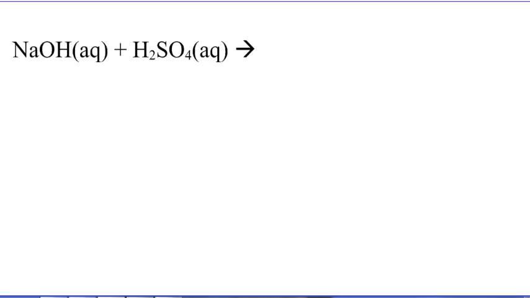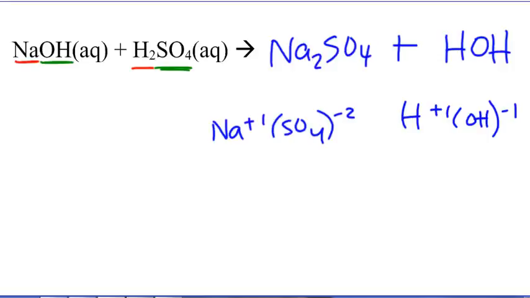What do you think will switch in this one? Remember, in an acid, hydrogen acts like a cation. That's sulfuric acid. Sodium and hydrogen are going to switch places. Sodium sulfate and hydrogen with hydroxide is HOH, or we could just say H2O for water.